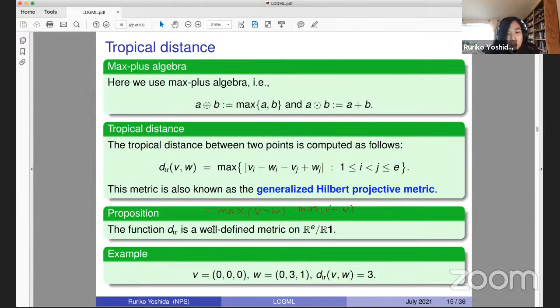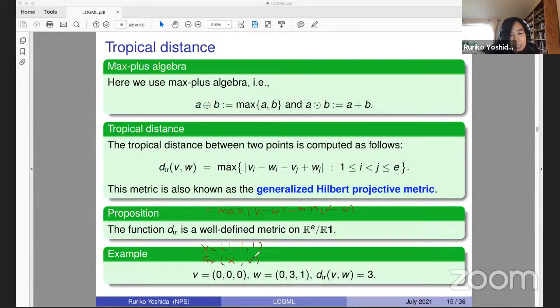And why do I have to take this modulo the all-ones vector (1, 1, 1, 1, 1)? Suppose I have some vector, say x, equal to (1, 1, 1, 1, 1), and I take the tropical distance between x and b.